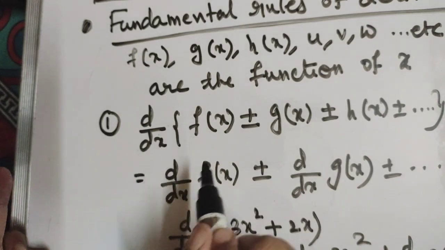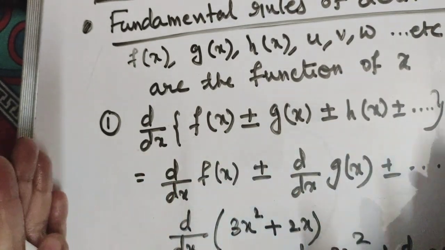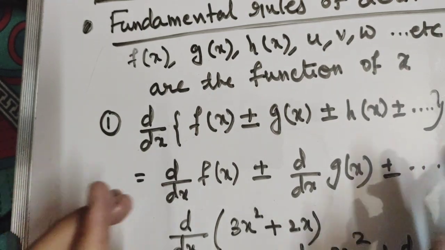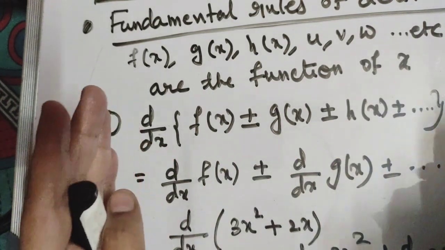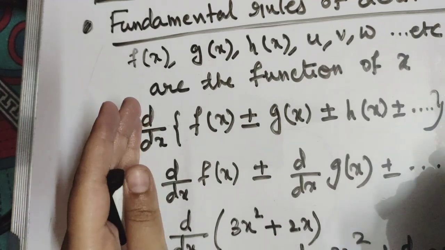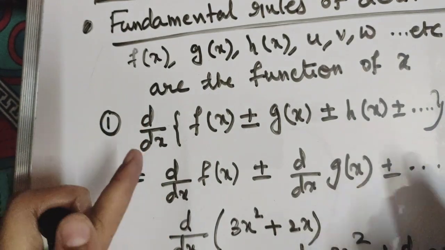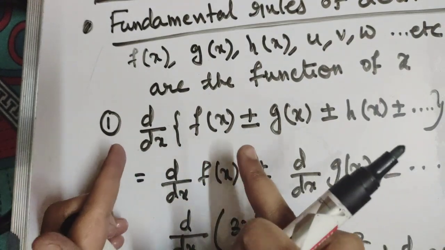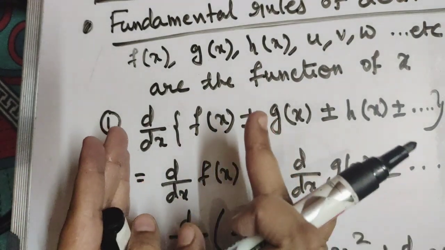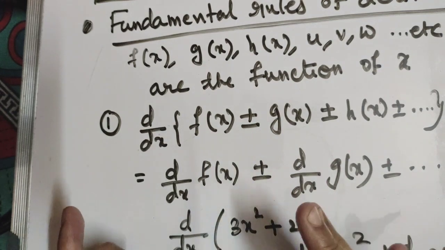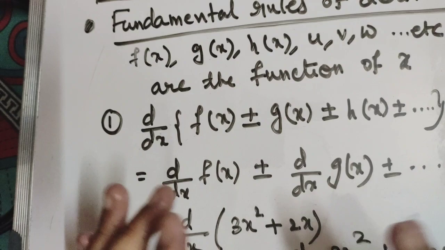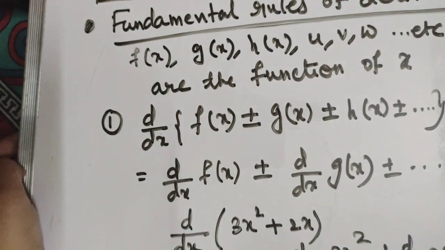Okay, so if there is a various kind of function of x and we have to differentiate all kinds of addition or subtraction, then the rule is that we separate each term, take the derivative of each term, and then add them.